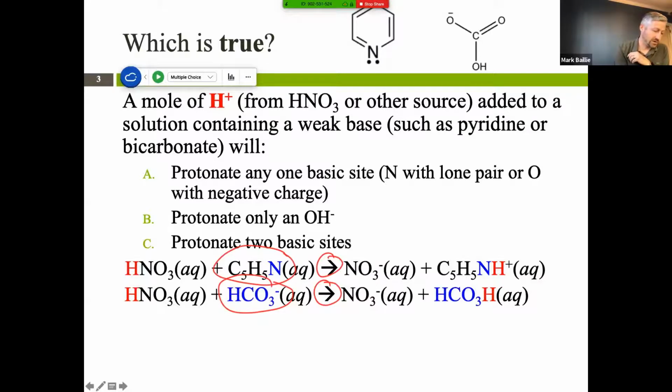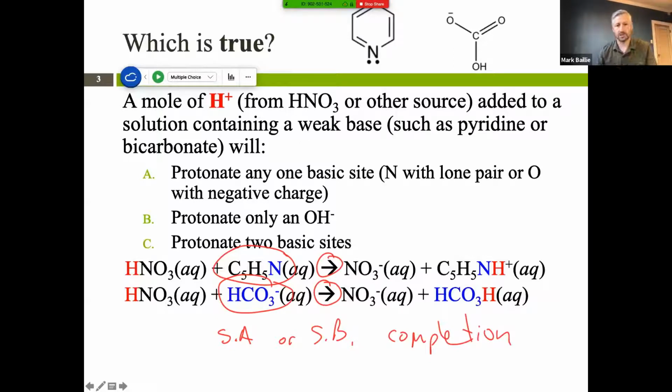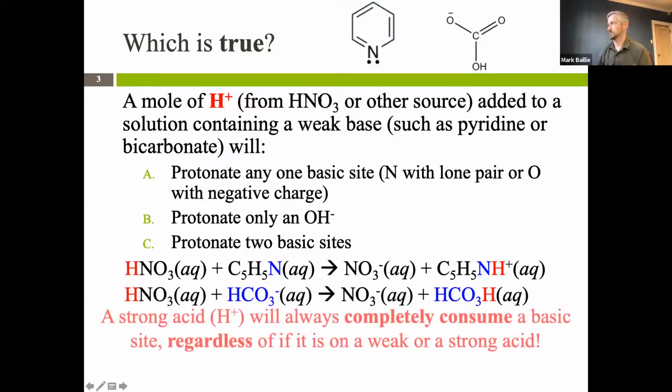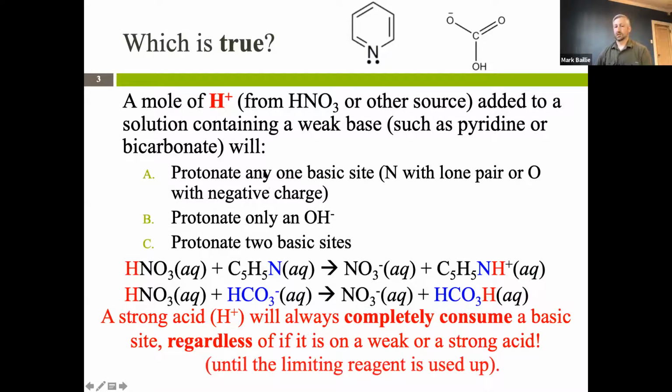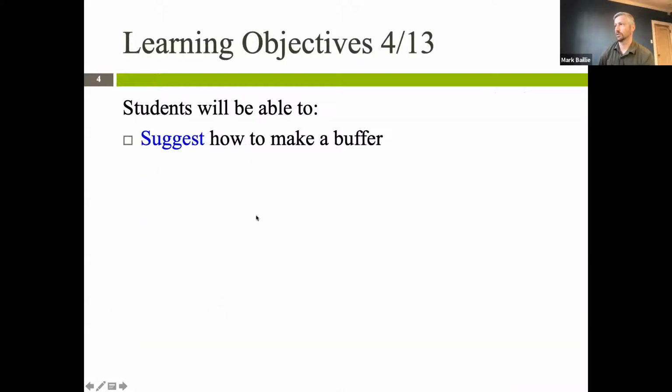But if you have a strong acid or strong base, they will always go to completion, regardless of the strength or weakness of the other reactant in the reaction. Okay, so this is always the limiting reagent problem, meaning we're always going to use up one in the stoichiometric ratio. You notice that almost all of our acid-base reactions have a 1-to-1 stoichiometry, but that's not always the case. So keep that in mind when we go further.